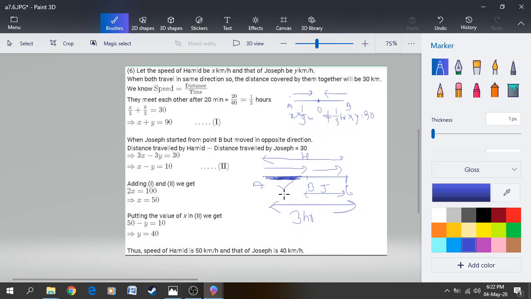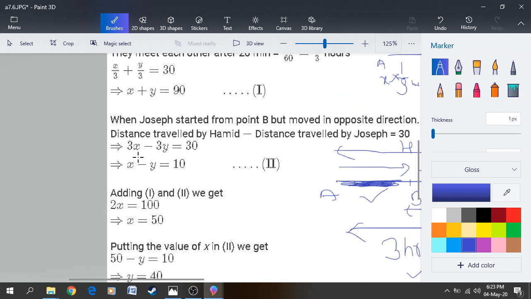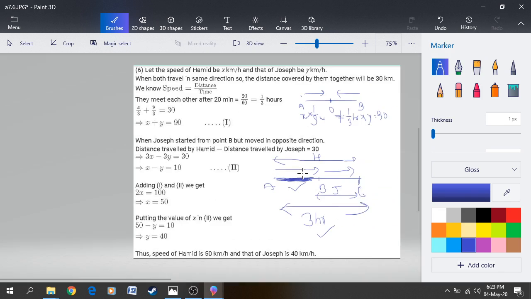If we subtract them, we got the kilometer AB. So where we used these 3 hours is to calculate the distance. 3 into x means the 3 hours into x speed. So distance is 3x.